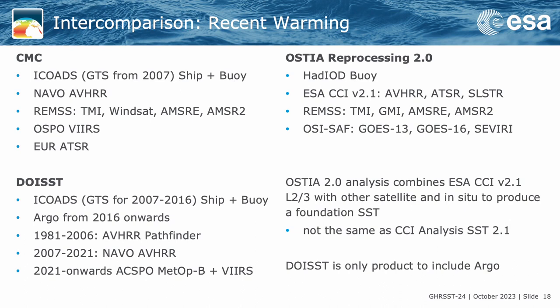Note that while the OSTIA reprocessing does use version 2 CCI products for AVHRR, ATSR and SLSTR, it is not the same as the version 2 CCI analysis product, which was a satellite-only analysis. The OSTIA reprocessing additionally uses the remote sensing system's microwave products and OSISAF geostationary products.